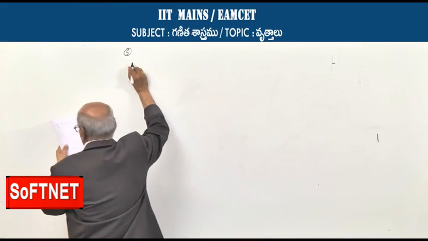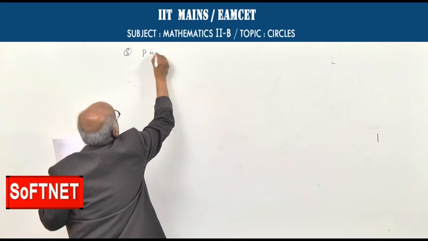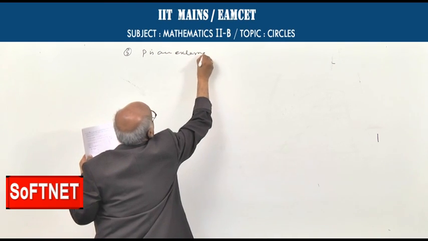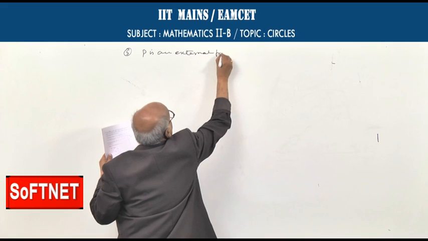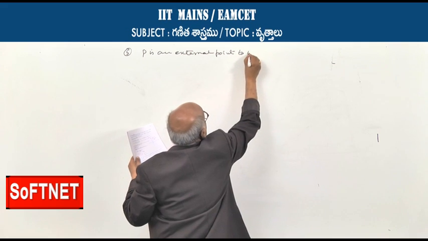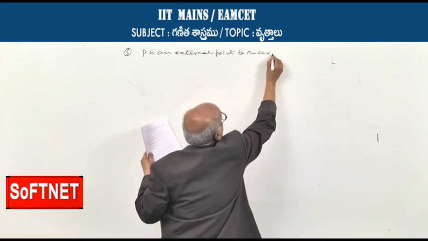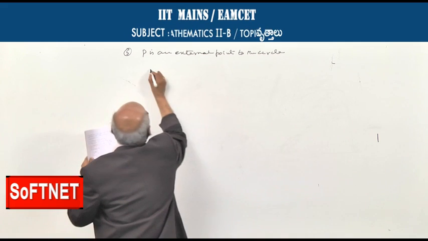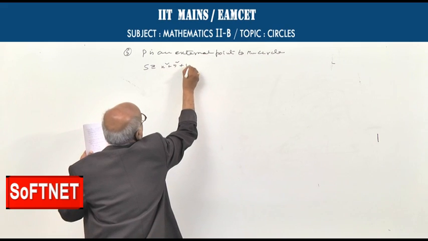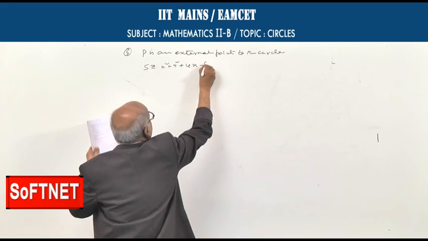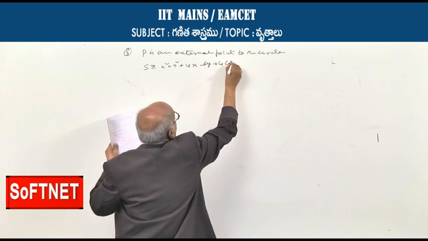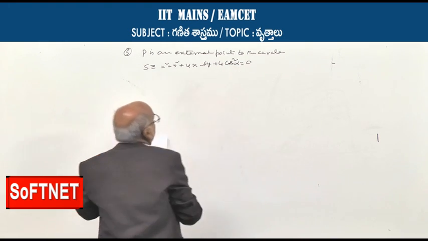Problem number 5. P is an external point to the circle S equal to x square plus y square plus 4x minus 6y plus 4 cos square alpha is equal to 0.